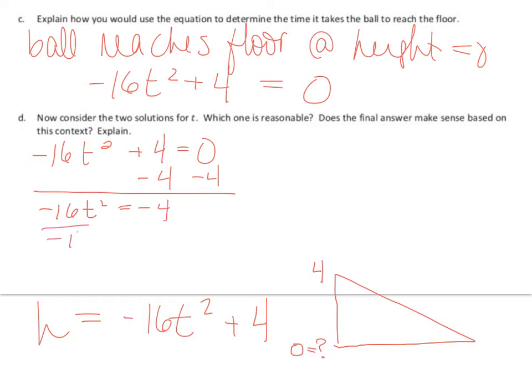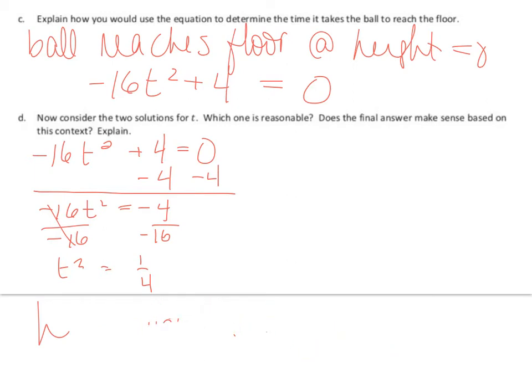Now I'm going to divide both sides by negative 16, and I have t squared equals 4 over 16, or 1 over 4. Now I need to take the square root of both sides. So t equals, whenever you take the square root, you need a positive and a negative answer, 1/2. So t equals positive 1/2 or negative 1/2.